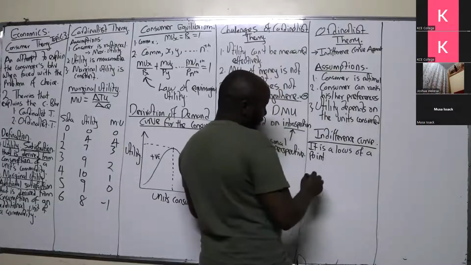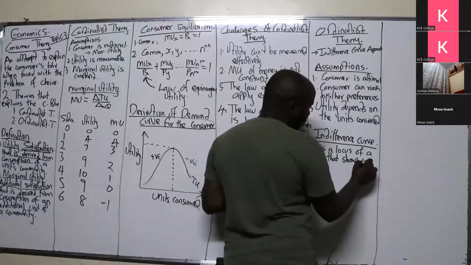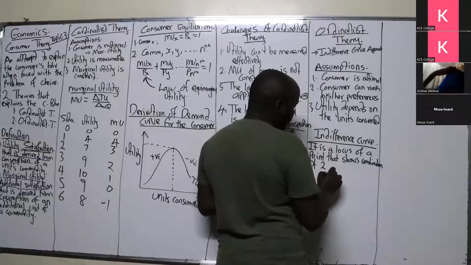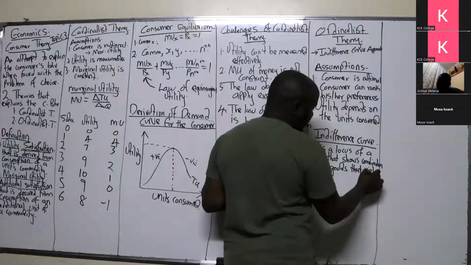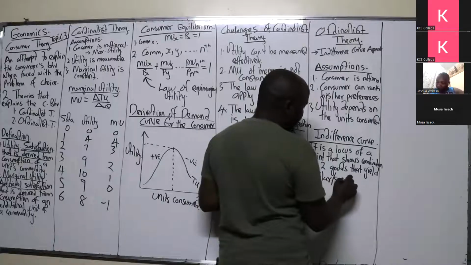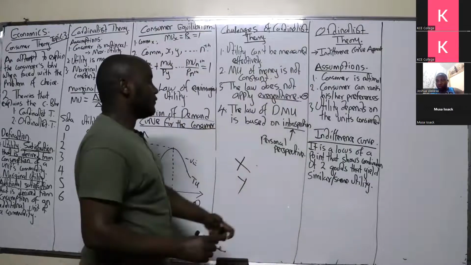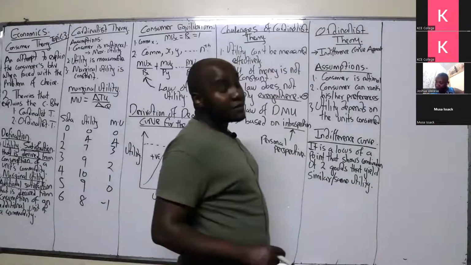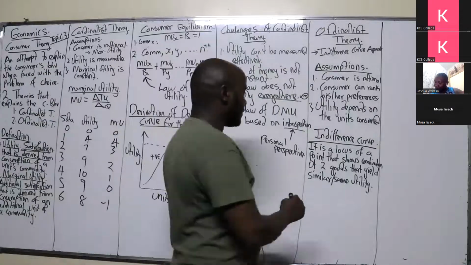A locus of a point that shows a combination of two goods that yield similar or the same utility. All together, in short, it's like this.